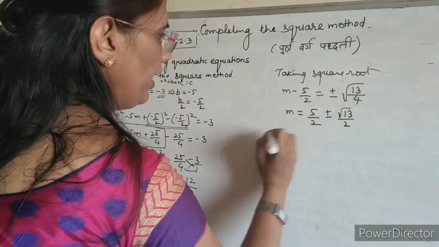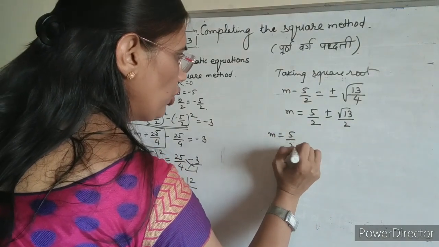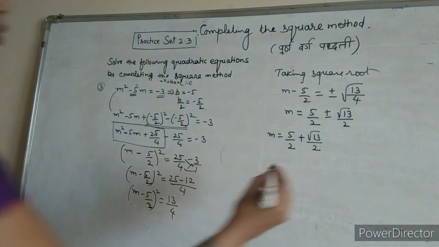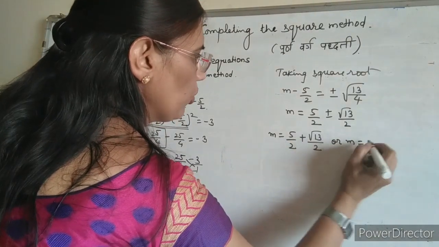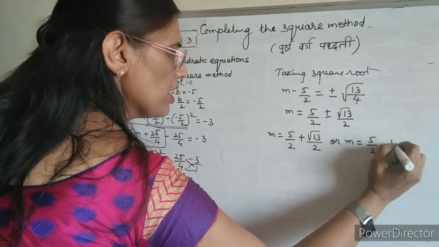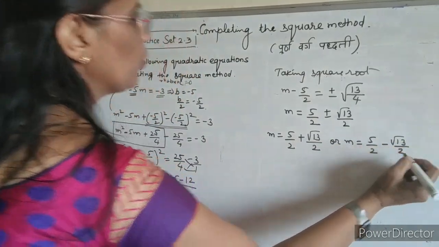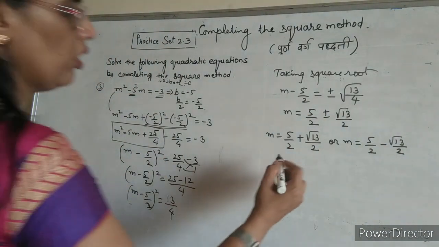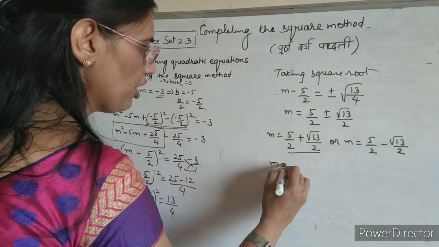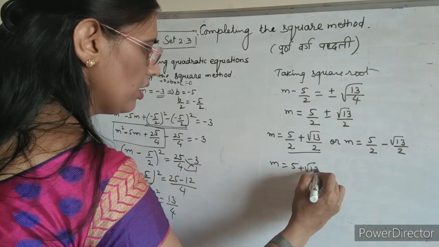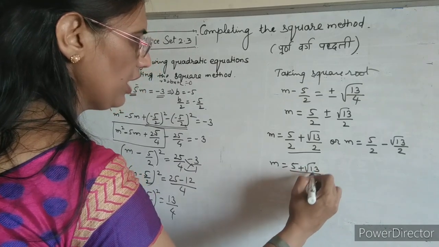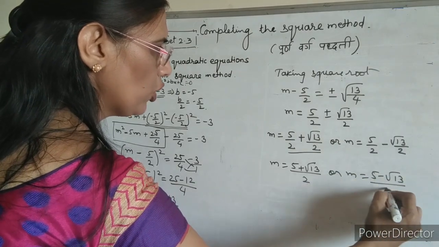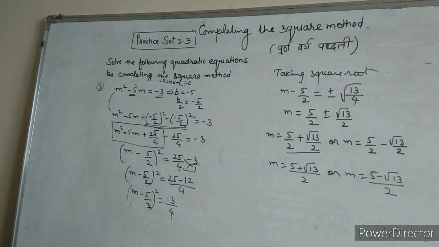It is 2. Therefore we get 5 upon 2 plus square root 13 upon 2, or m is equal to 5 upon 2 minus square root 13 upon 2. One time we have taken positive and another time negative. Now again denominators are the same, therefore we can write this as m is equal to 5 plus square root 13 upon 2, or m is equal to 5 minus square root 13 upon 2. So this is the solution of the given equation.